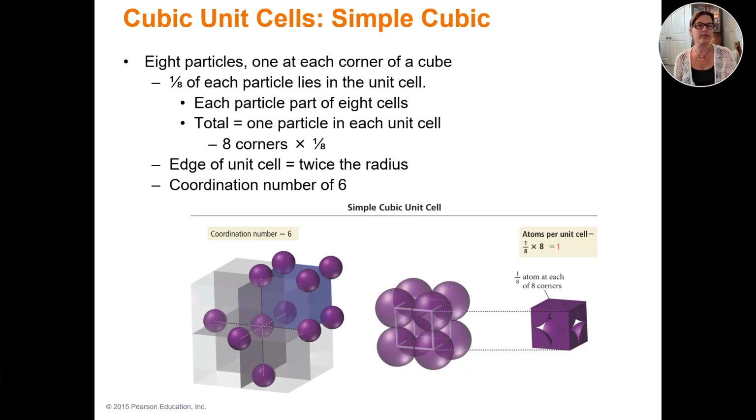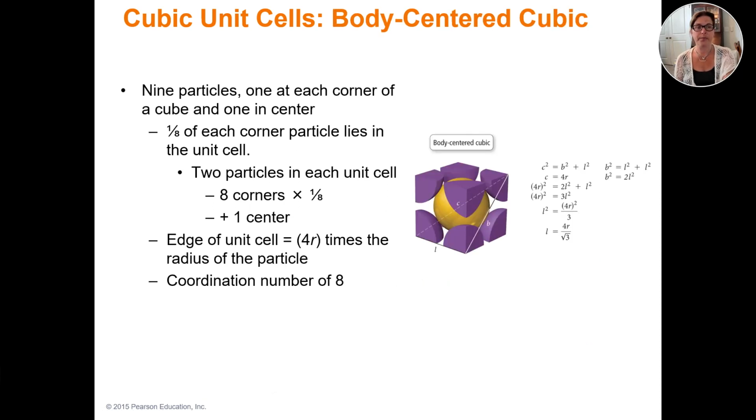So these are just examples that you can go through to determine many things: the coordination number, how many particles are there, and the edge of the unit cell, like the length of it. And this is just for the simple cubic unit cell.